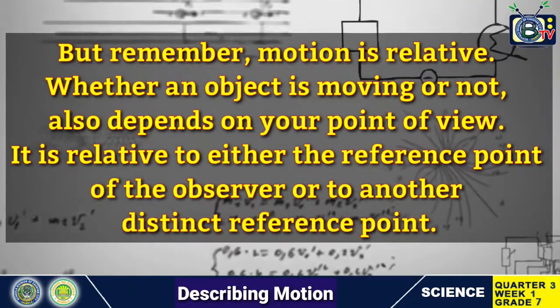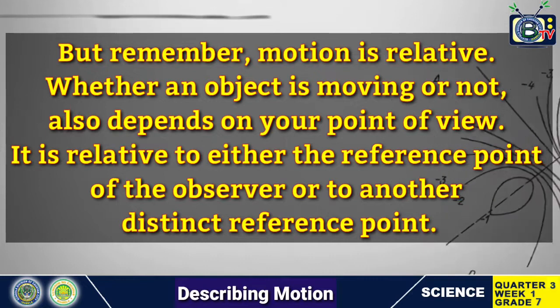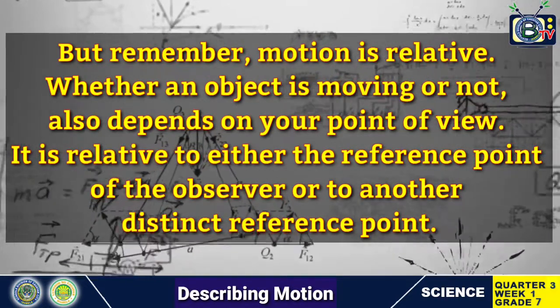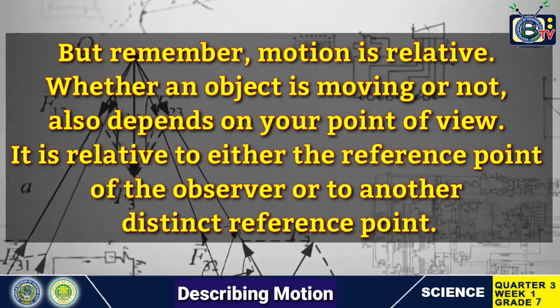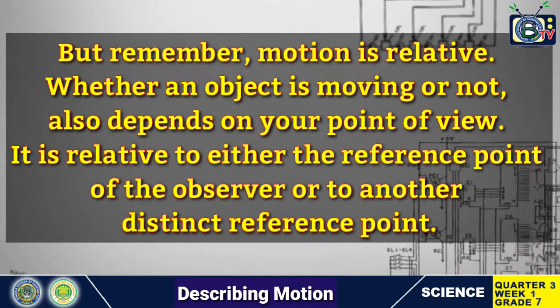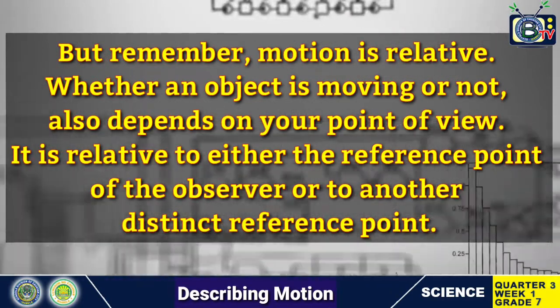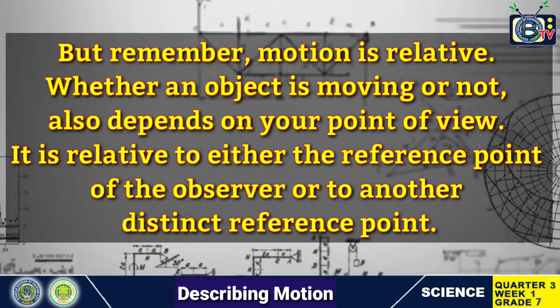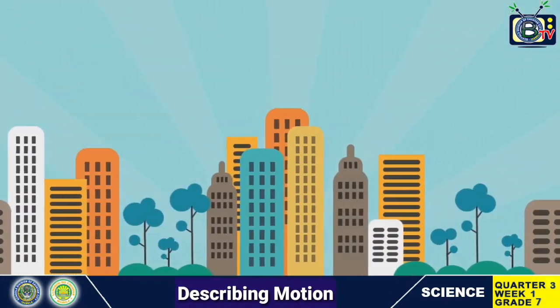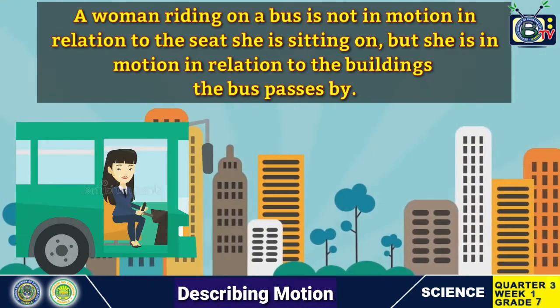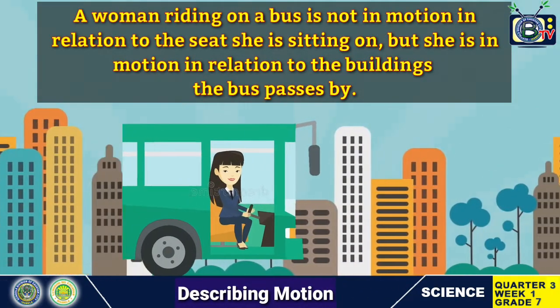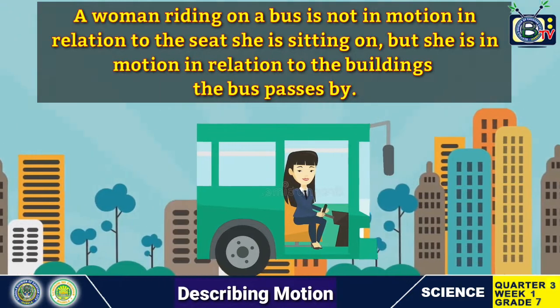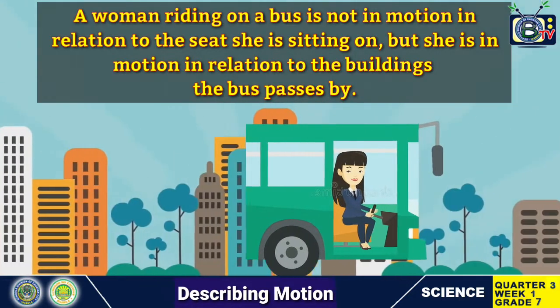But remember, motion is relative. Whether an object is moving or not also depends on your point of view. It is relative to either the reference point of the observer or to another distinct reference point. For instance, a woman riding on a bus is not in motion in relation to the seat she is sitting on.